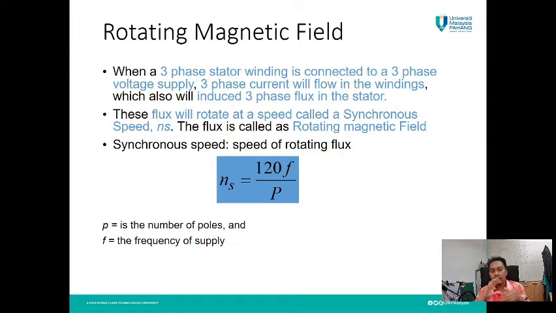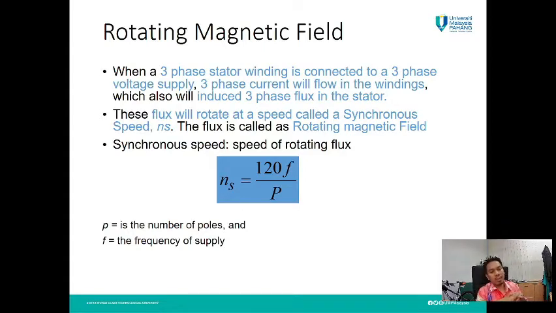So it will produce an electromagnetic field in the stator. This electromagnetic field will rotate at the synchronous speed. That's why we call it the rotating magnetic field.